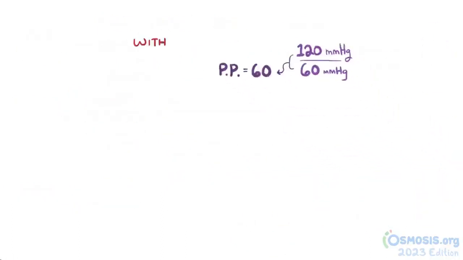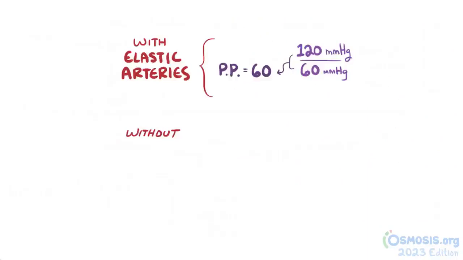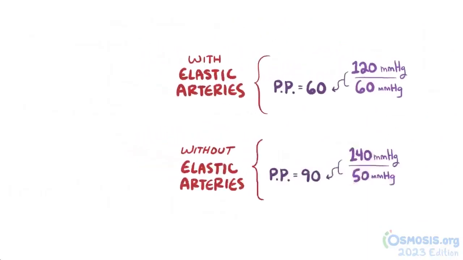So with elastic arteries, the blood pressures are 120 over 60, with a difference or pulse pressure of 60 millimeters of mercury. And remember that in the first example without the elastic properties, it was 140 over 50, with a pulse pressure of 90. So here we see that these large elastic arteries, like the aorta, buffer or dampen the pulse pressure.